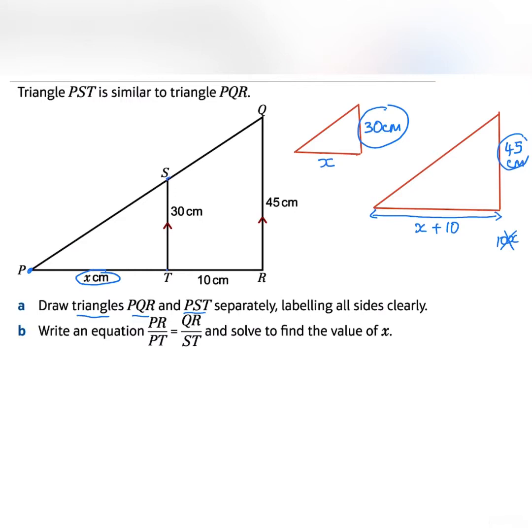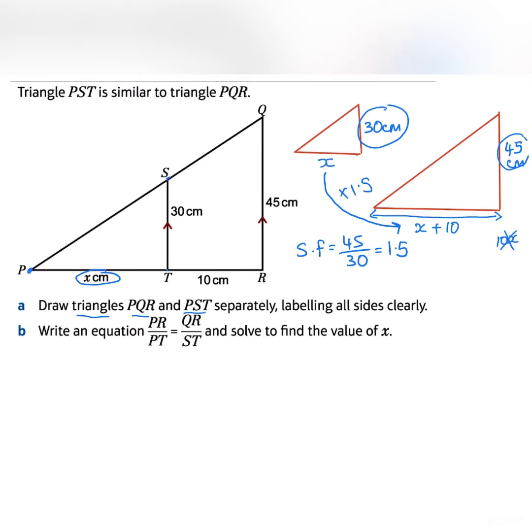Now we can find the length scale factor by doing 45 divided by 30, because these are the corresponding sides of this triangle. So the scale factor is going to be 45 divided by 30, which is 1.5. Okay, so then we know that this length x is multiplied by 1.5 to give us x plus 10.